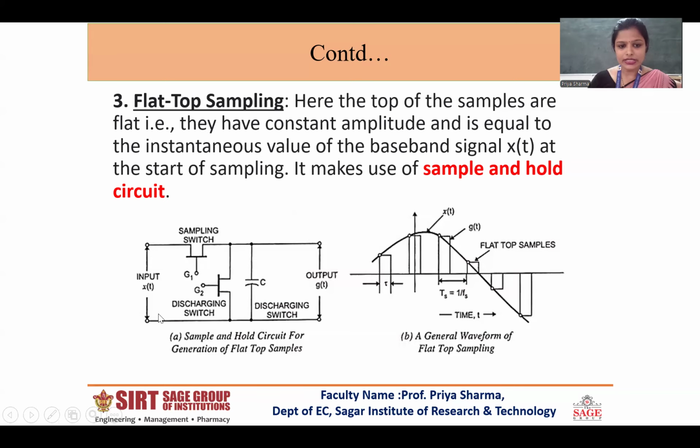Then again, it starts charging, then its voltage drops down. So this is how it samples, holds, and then drops. This is how this waveform is being generated. Moreover, it has a drawback, like this portion is extra, which can create noise, or this portion has not been taken into account. This drawback of this circuit is known as the aperture effect.